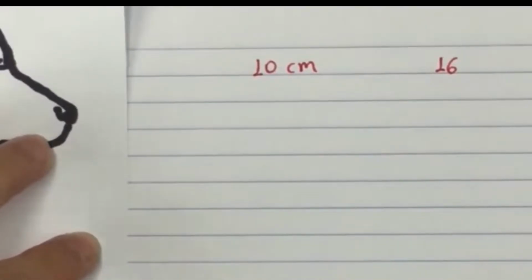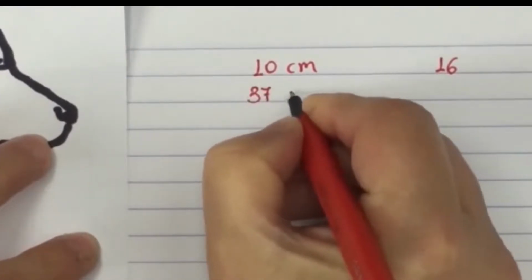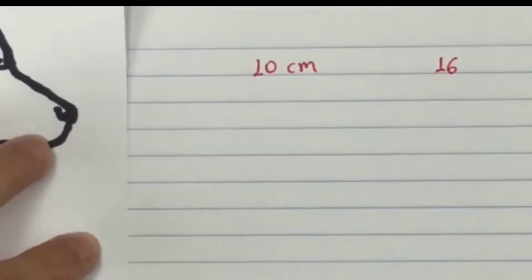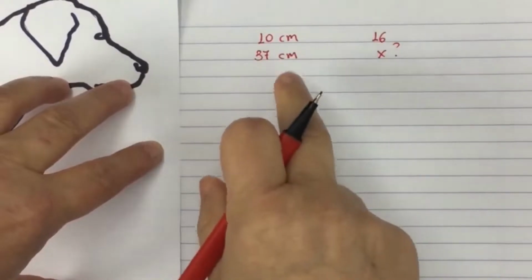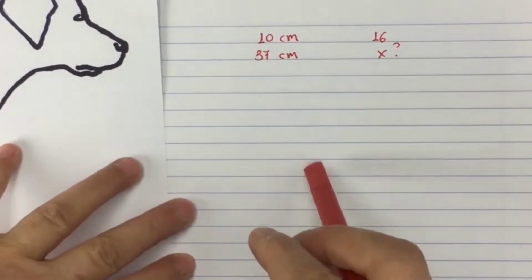In order to get 10 centimeters of my project, I will need 16 stitches. I know that the neck of my dog is 37 centimeters, and I need to know how many stitches I will need for these 37 centimeters.